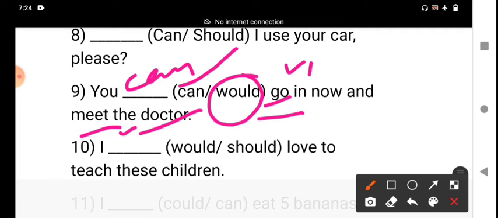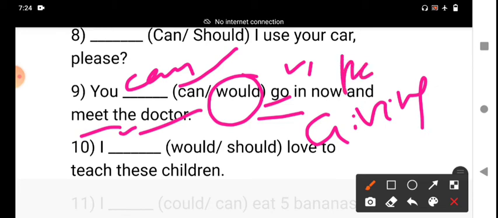You can go in and meet the doctor is giving permission. That's why we select can. At the time of talking, in the present tense, you can go in now and meet the doctor. One function of can is giving permission and also seeking or asking permission.